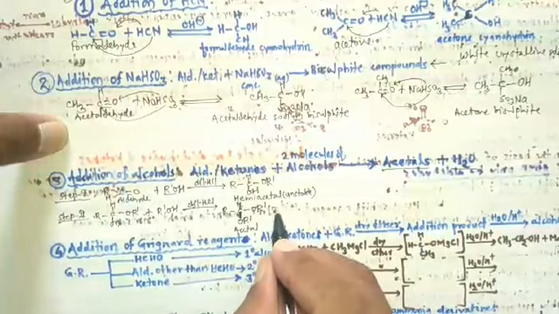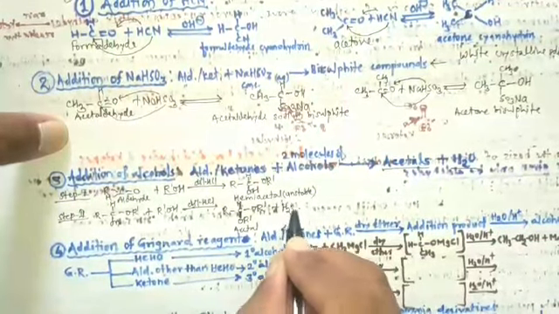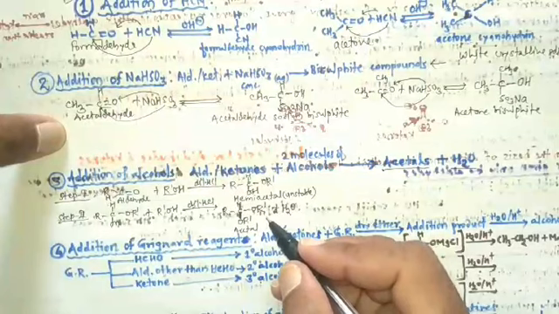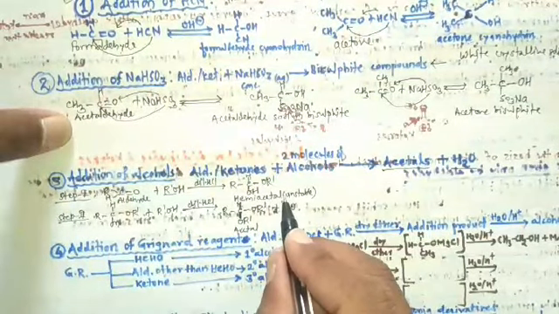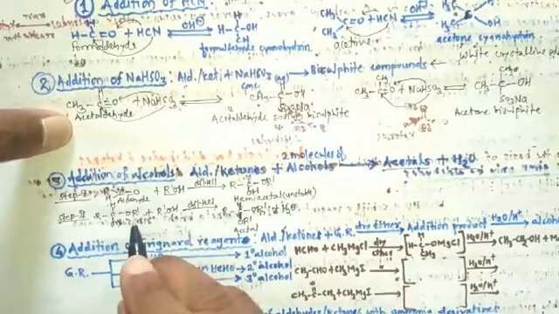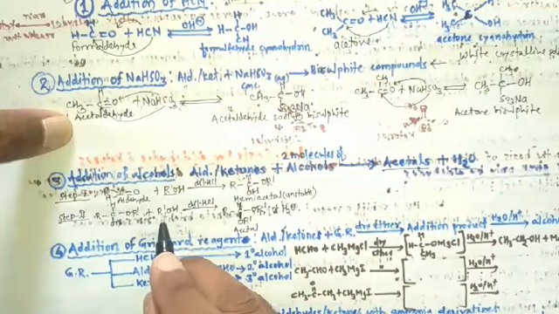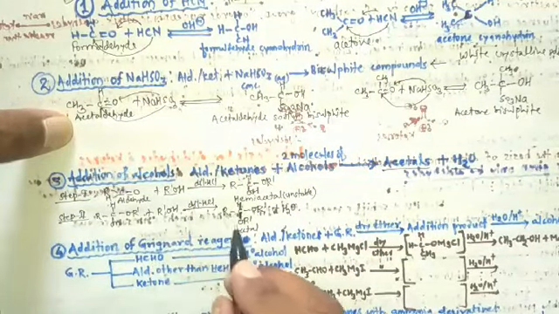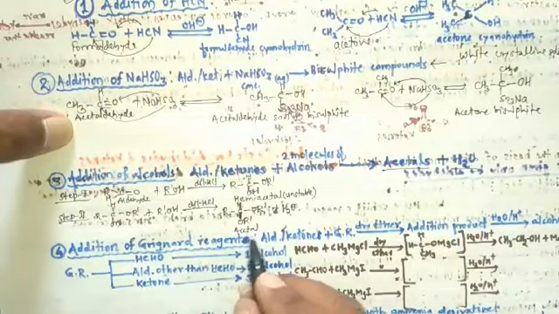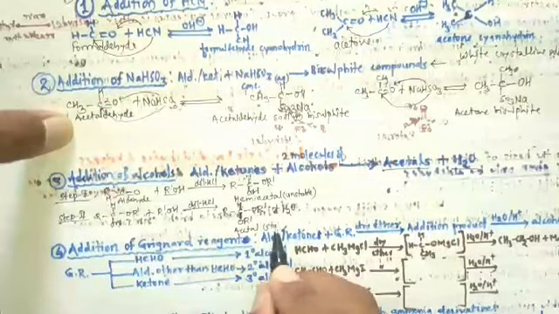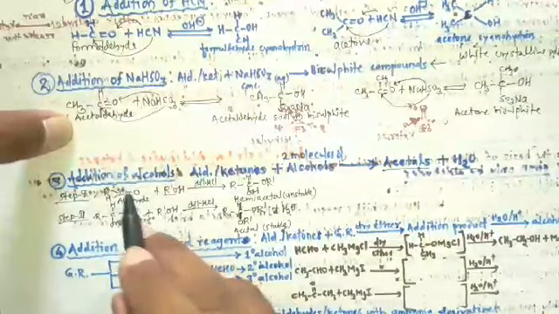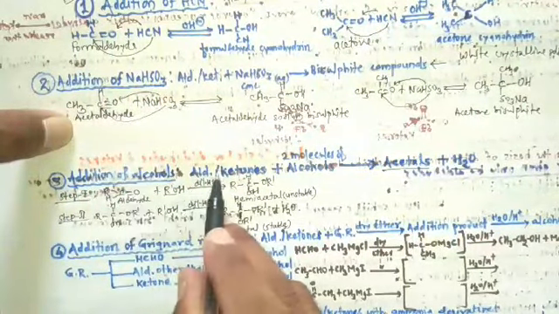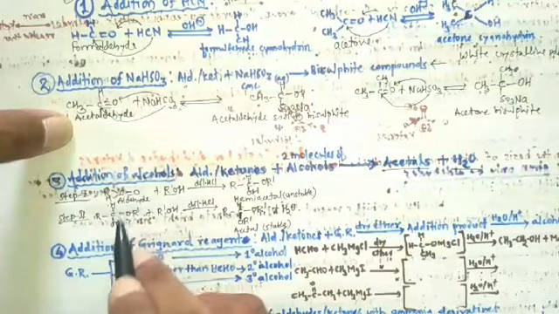Again it is unstable, and here there will be the formation of water molecule. So hemiacetal is unstable. Hemiacetal in the second step reacts with another molecule of alcohol. In presence of dilute HCl, it produces acetal, and this acetal is now stable. In this way, addition of alcohol to the aldehydes and ketones takes place in two steps.